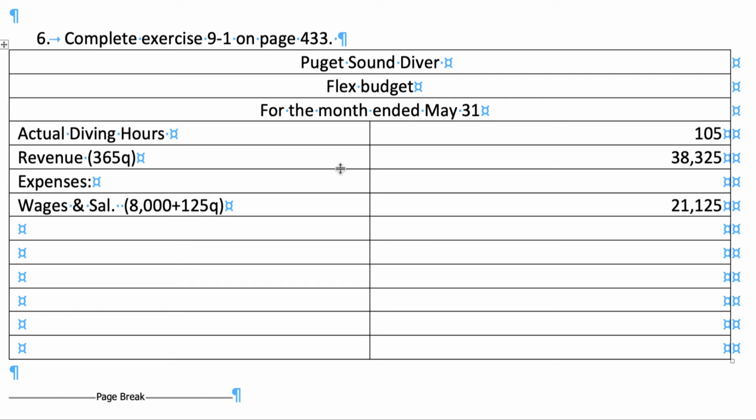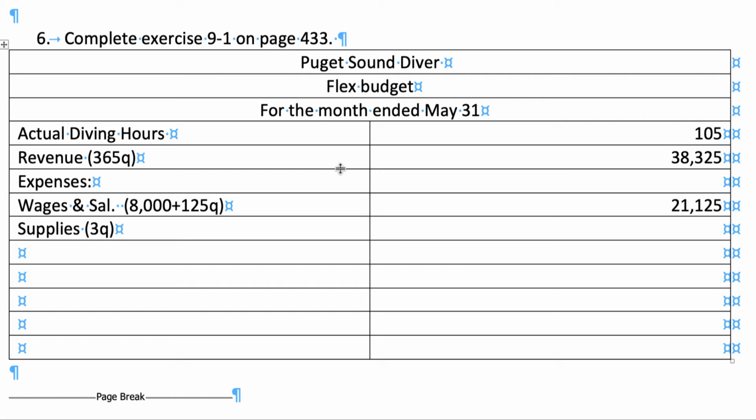Great. Now let's look at supplies. I don't know what supplies you would need to dive and fix a boat, but I'm sure there's some. They tell us the cost formula for this is $3 times our quantity. And this is a true variable cost, right? Remember the definition of variable costs: in total, variable costs change in direct proportion to changes in levels of activity.